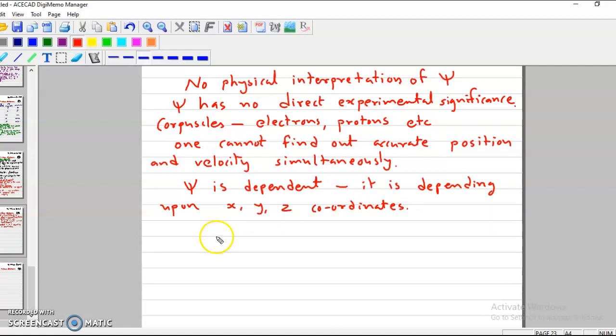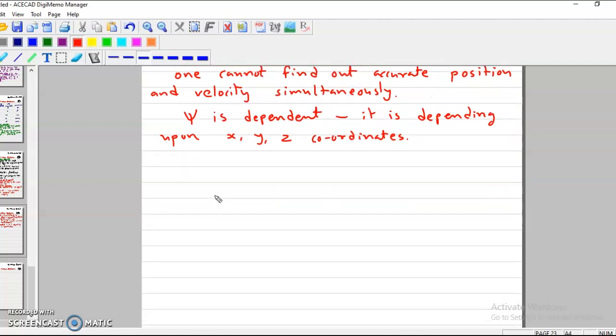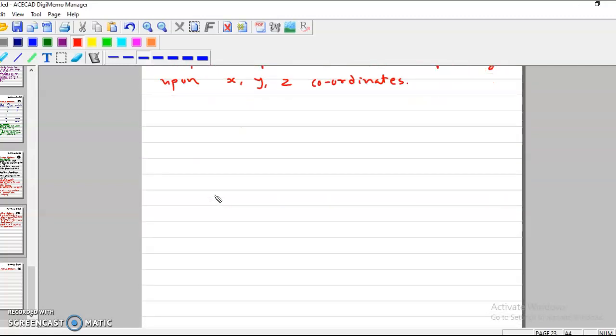We want to find out the exact or probable location of the electron in 3 dimensions, and that is why people thought, why can't we take another function which can give us a certain idea.